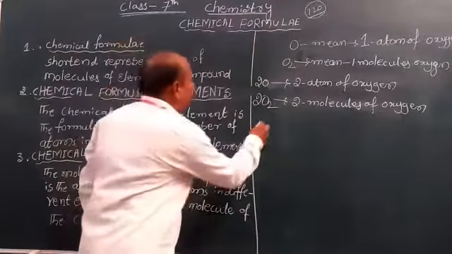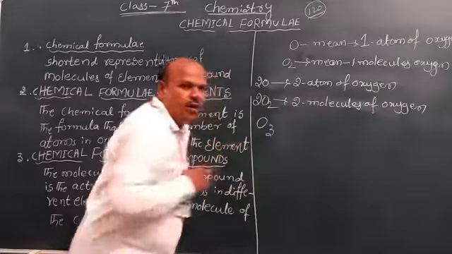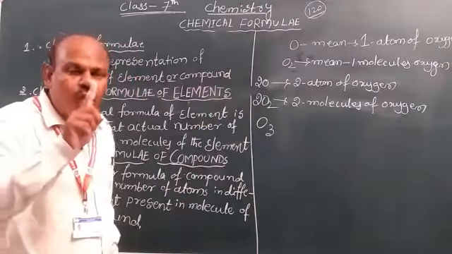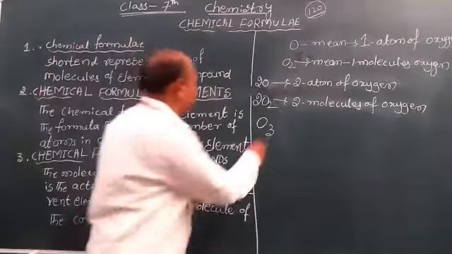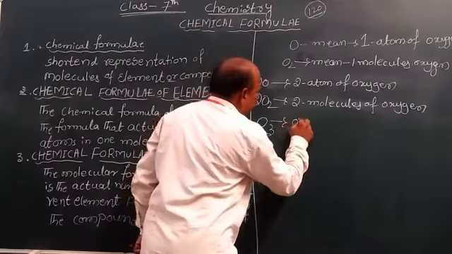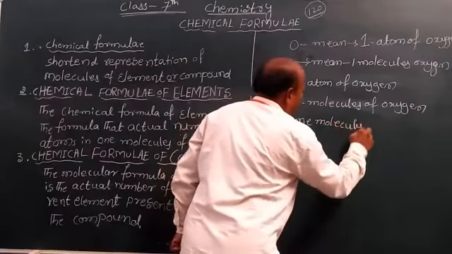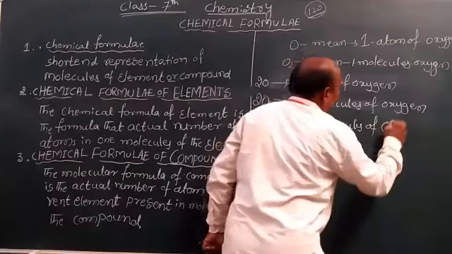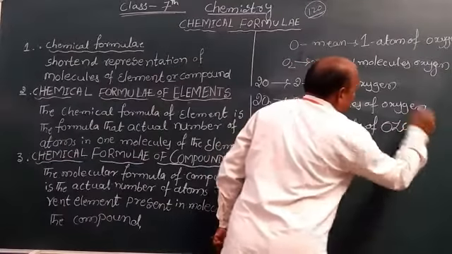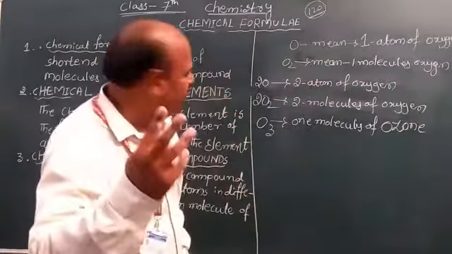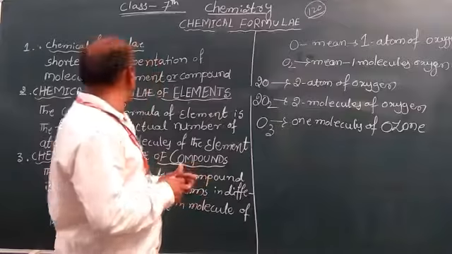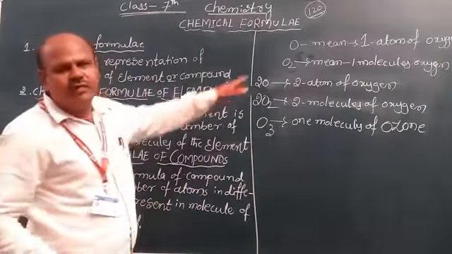For example, take O3. O3 means one molecule of ozone. This is the chemical formula of the element.